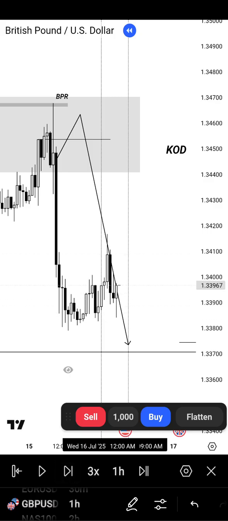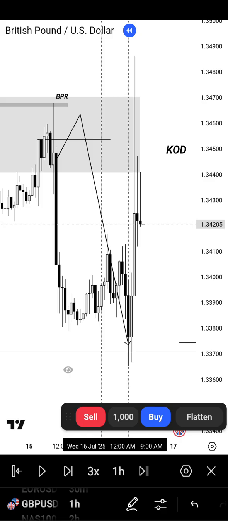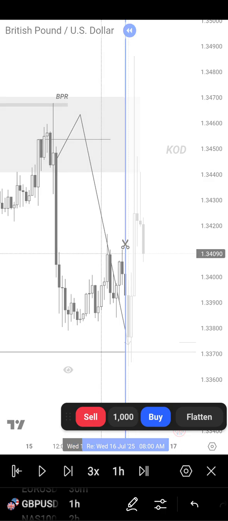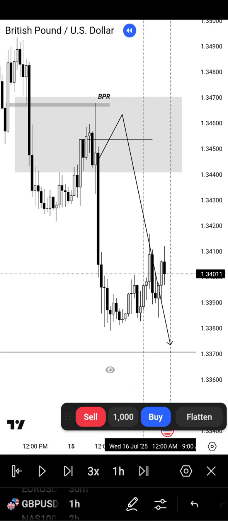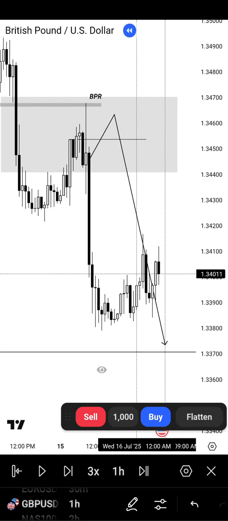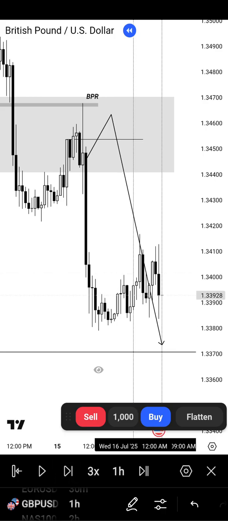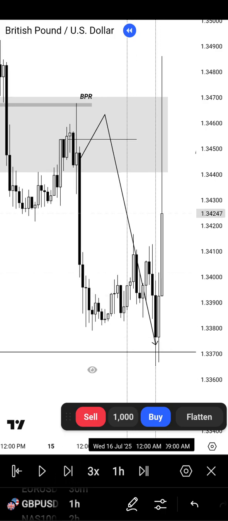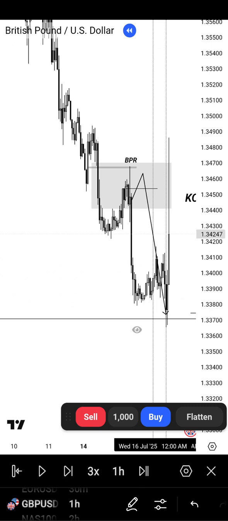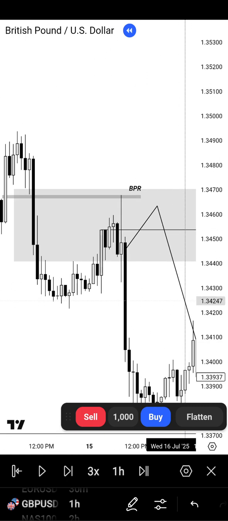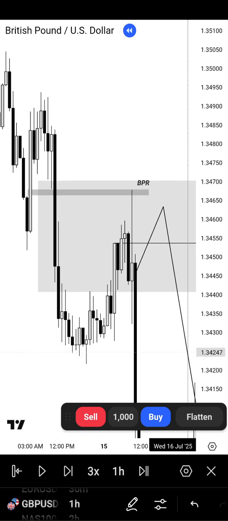So I've just shown you an example of what I was looking for. We had a turtle soup. I remember this was the day of PPI. Yes, we had PPI, high impact news. So this was actually the turtle soup I was looking for.